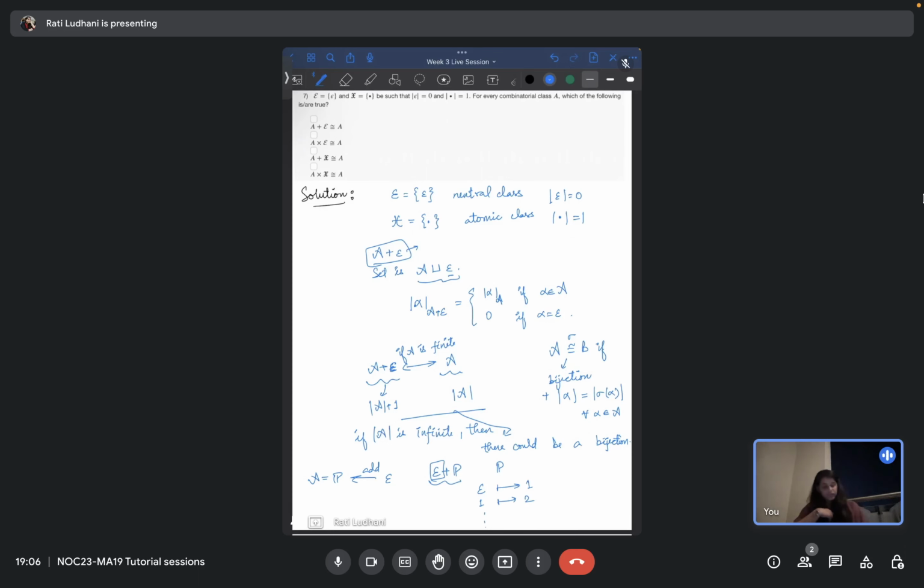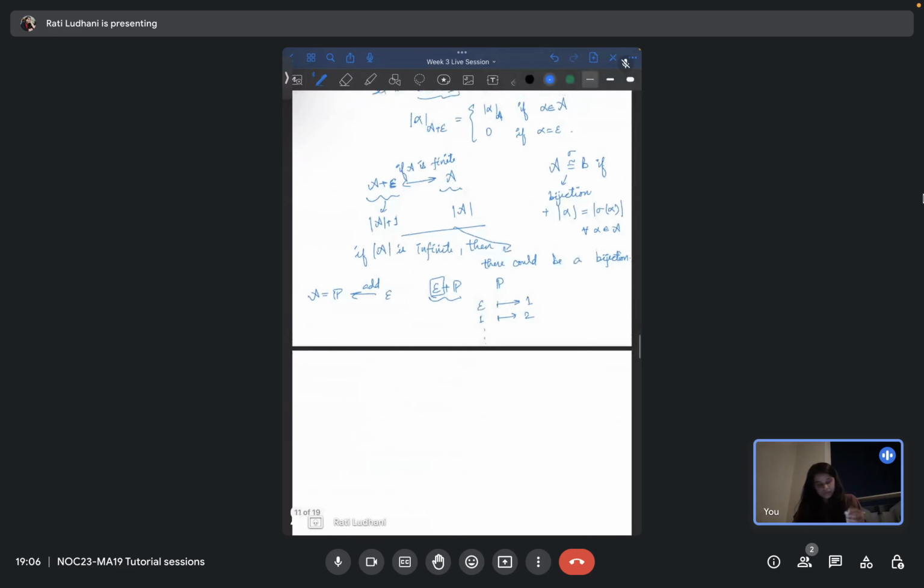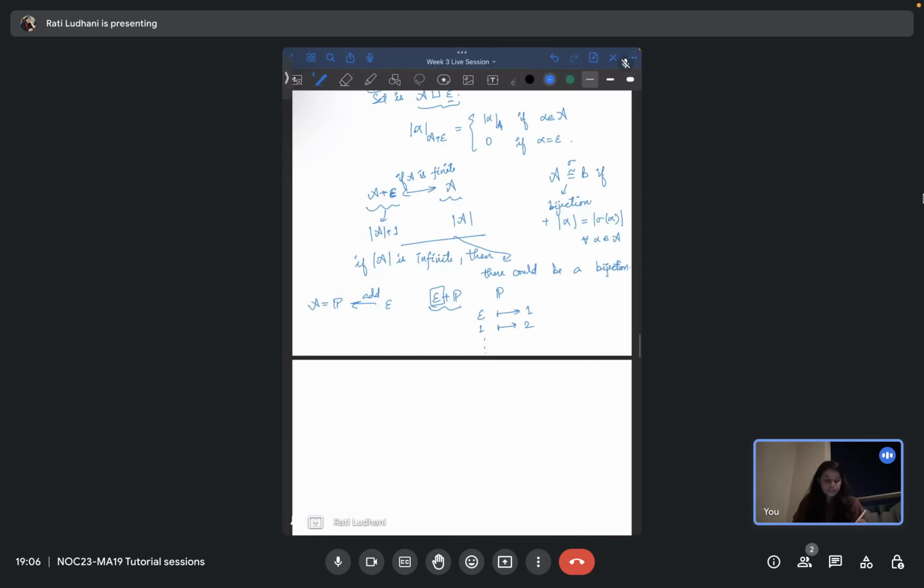That is how you can get a bijection. But what will happen now? This is a combinatorial class. So there could be a bijection firstly. That is one thing.